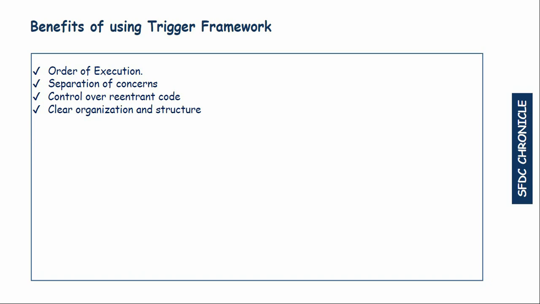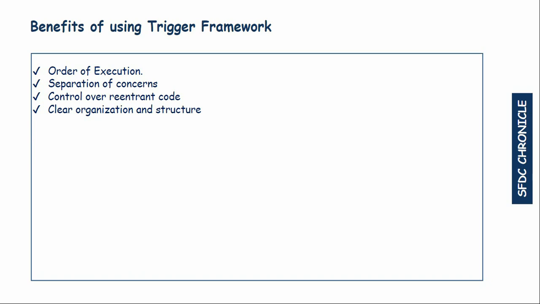Next, separation of concern. In other frameworks, you might just redirect trigger events using helper classes. But here, we use object-specific dispatchers that route each event to its proper handler class. This keeps your logic clean and modular.